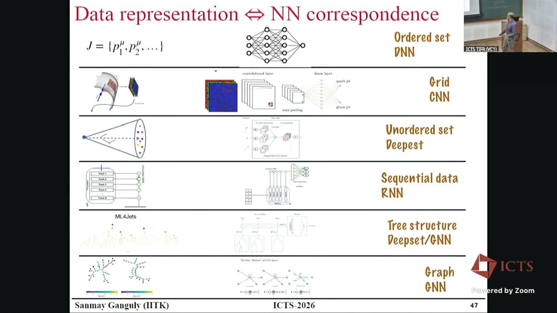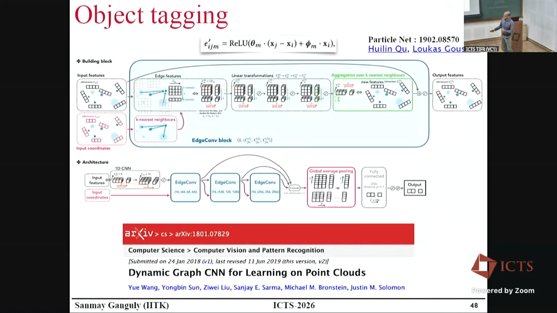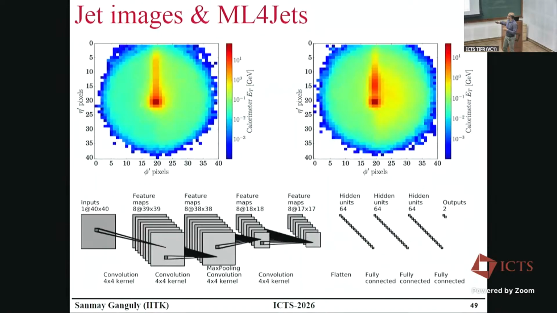Is it an ordered set, an unordered set, a sequence, a tree, or a graph? I will just soon finish: this sort of evolved into the modern algorithms which we use. One example is the graph neural network, and so on and so forth.